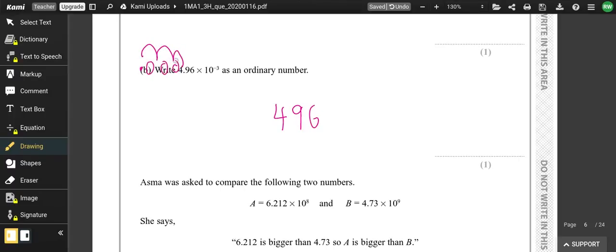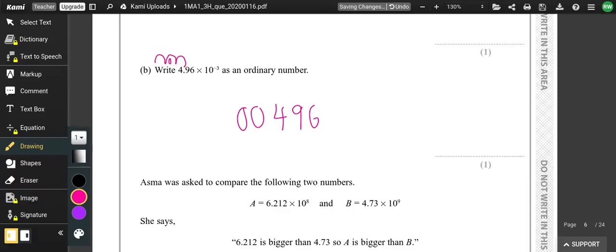We put zeros under. Sorry, that's not very clear. Let's do that again. So we'll go 1, 2, 3. So the first one just in front of the 4, so it's only 2 zeros there. 0.00496.